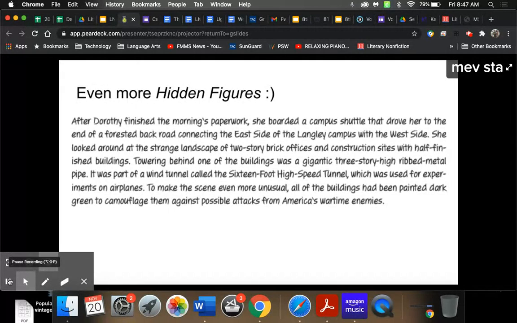Towering behind one of the buildings was a gigantic 3-story high ribbed metal pipe. It was part of a wind tunnel called the 16-foot high-speed tunnel, which was used for experiments on airplanes. To make the scene even more unusual, all of the buildings had been painted dark green to camouflage them against possible attacks of America's wartime enemies.